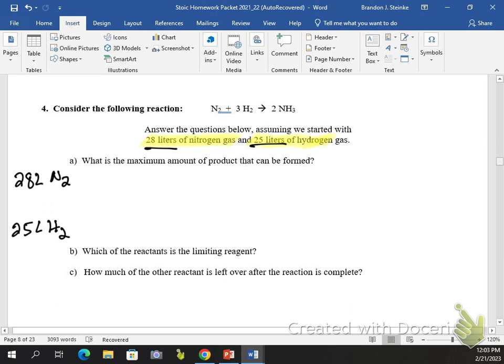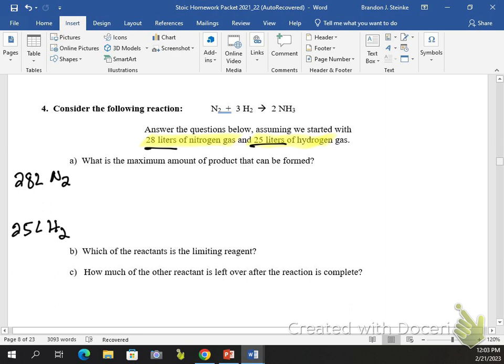So now the next question is, what is the maximum amount of product that can be formed? You ready? I give you 2 pieces of cheese. I give you 2 pieces of bread. Right? The question is, how many sandwiches can be made? Now, through logic, you can figure it out pretty quickly, but really it's like very quick math in your head. We have to run the math through to the product to figure out how much of that is going to be made.